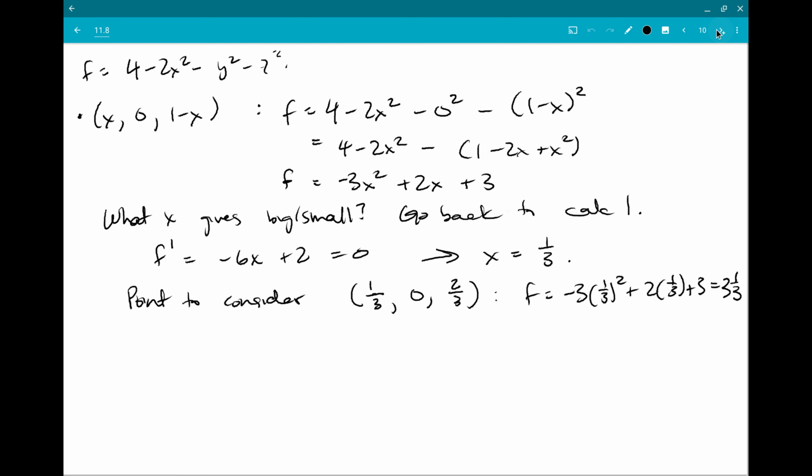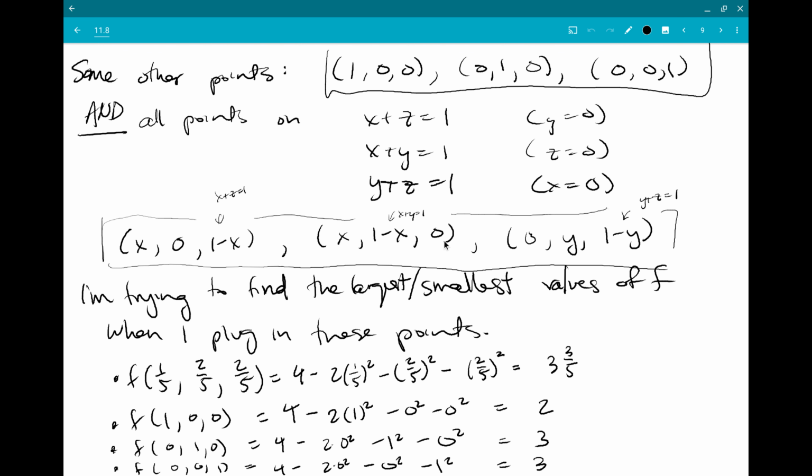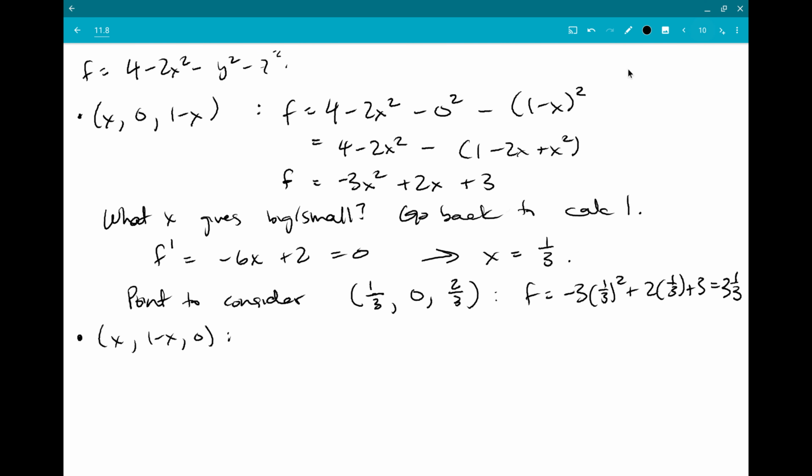This is a very long problem. I hope I warned you about that. So the second one I think was x1 minus x0 for the x plus y equals 1 line. So f is going to be equal to 4 minus 2x squared minus 1 minus x squared minus 0 squared.